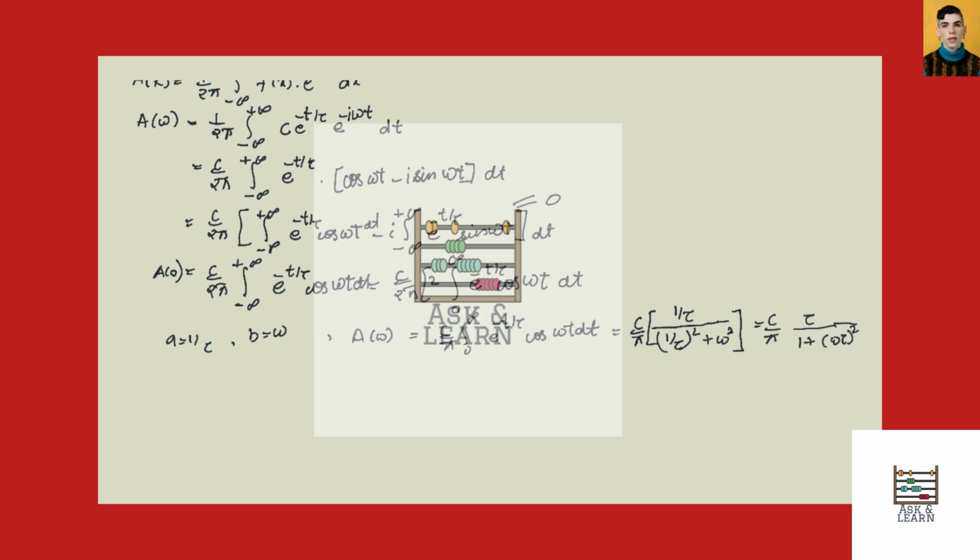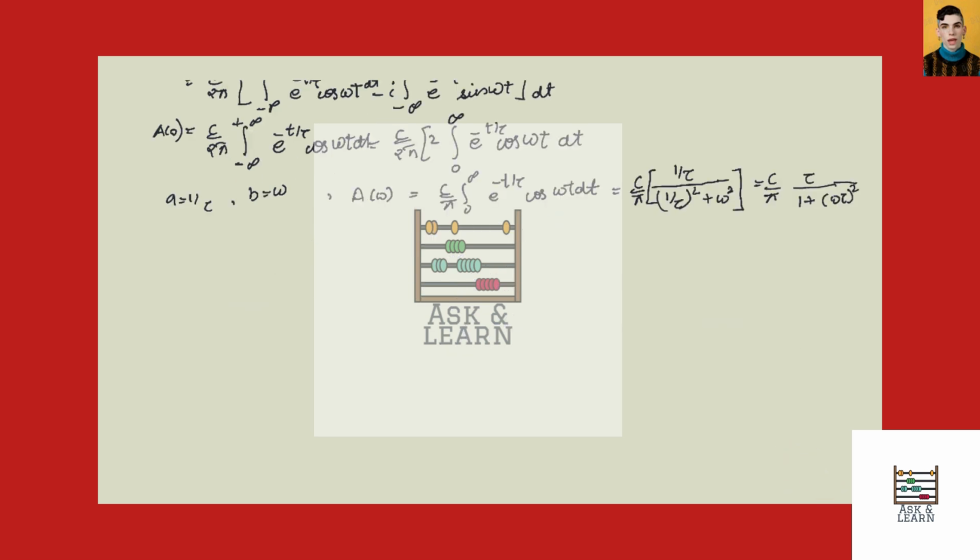After this, the graph is drawn between A(omega) and omega, where the y-axis shows the transform and the x-axis represents omega. The graph of this Fourier transform will look like this and tends to 0. The highest value is C tau by pi.